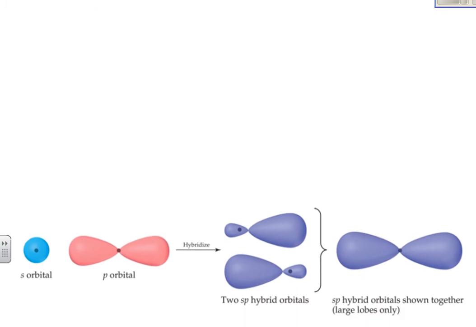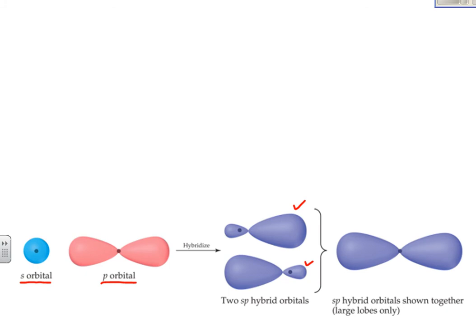So here we have the hybridized orbitals. So you can see it's a blending of the s's and the p's. So we have our s orbital here and our p orbitals. Through the hybridization process, we're going to create two new orbitals. Right? Notice these slight smaller lobes here. We'll get into talking about those a little bit later, but those are going to be important at another time.